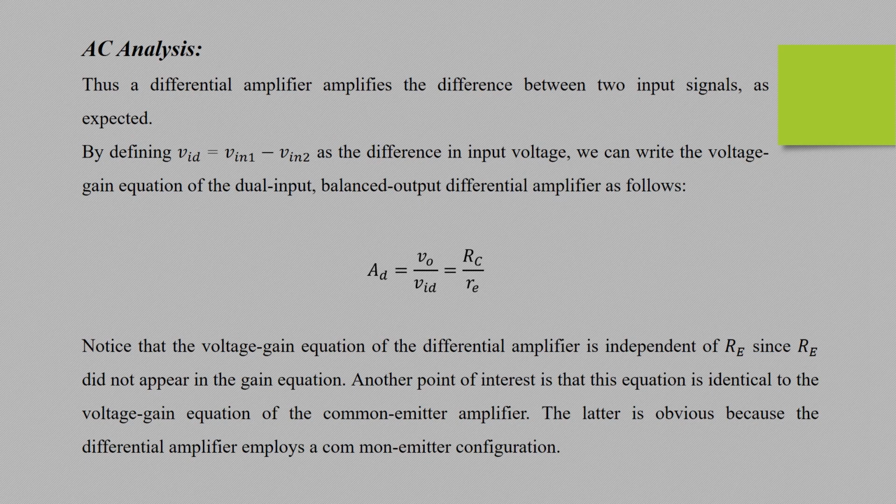Now we can write the voltage gain equation of dual input balanced output differential amplifier as AD equal to V0 by VID, which is equal to RC by re. We can note that the voltage gain equation of differential amplifier is independent of capital RE, since it does not appear in the gain equation.